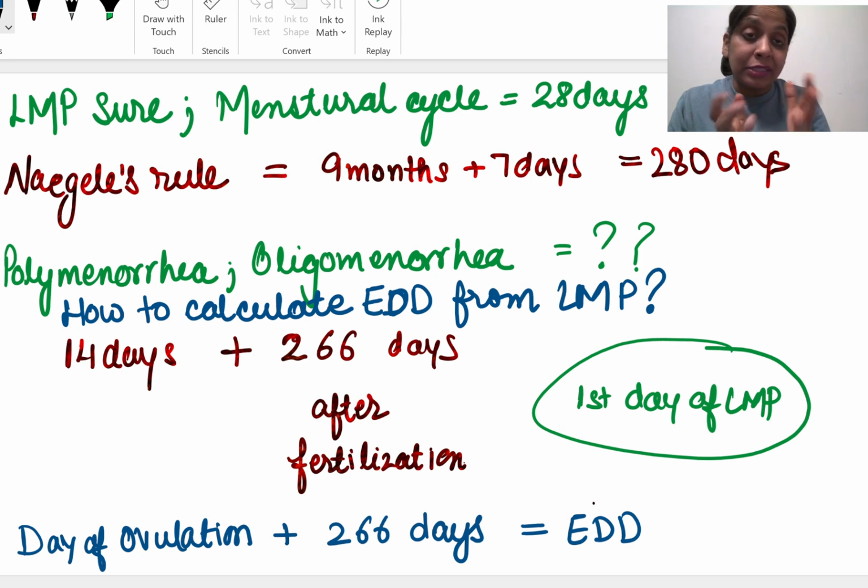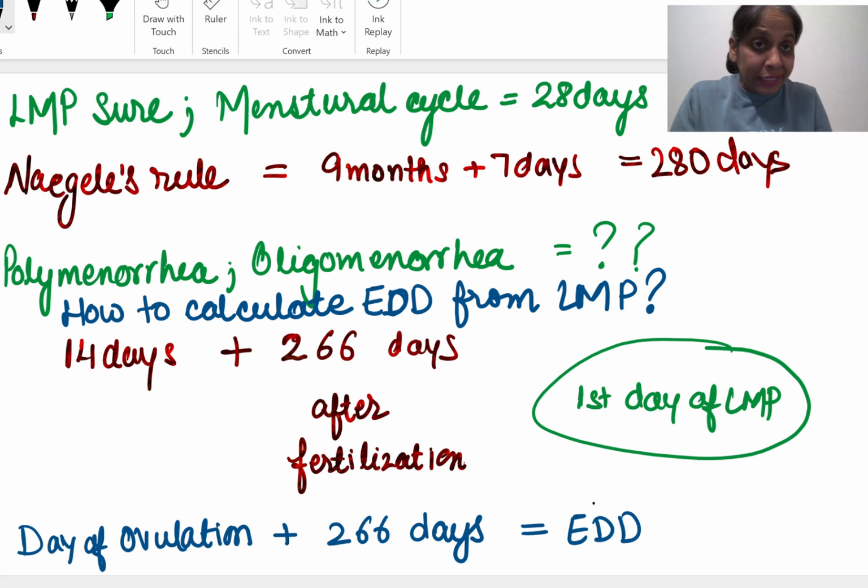In that case, if the cycle is not of 28 days, what is Naegeli's formula? We add 14 days plus 266 days after fertilization. Even if the patient has oligomenorrhea or polymenorrhea, in both conditions this 266 days after fertilization will be the same.